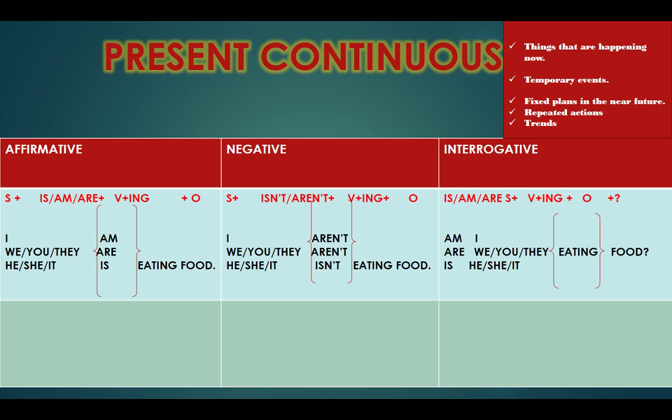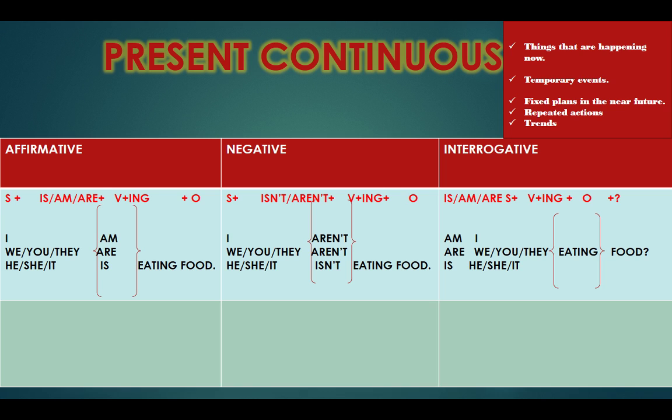Another one, repeated actions. There must be a few actions that you might be repeating every day, or you might be getting scolded because of those. For example, I'm always late in the class, so my teacher tells me, you are always coming late. Why are you always coming late to the class?